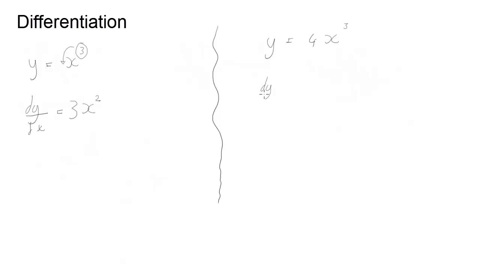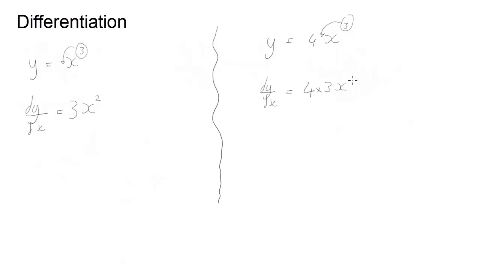We write dy over dx to show that we're differentiating. Now, our 4 is going to stay unchanged. We've still got a 4 there. Our 3, we take it down to the front. And because it's 4 times x, and 3 times x, as you can see from before, it becomes 4 times the 3.